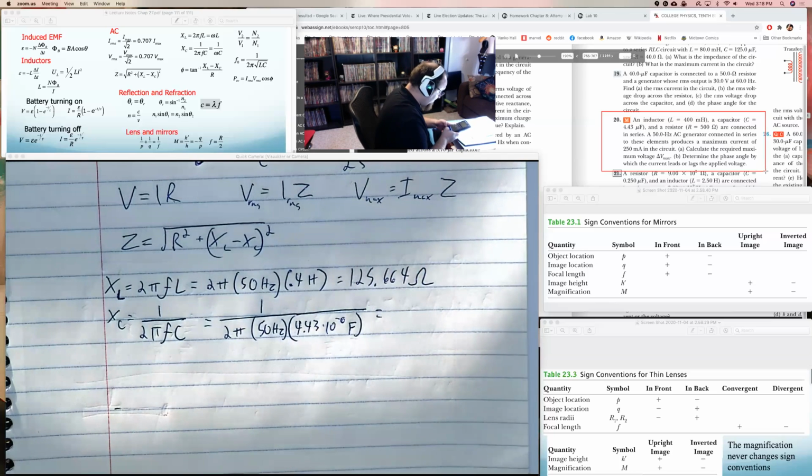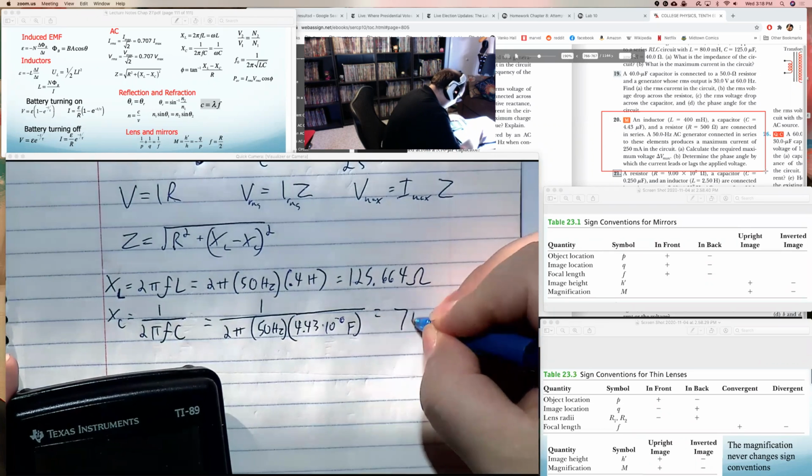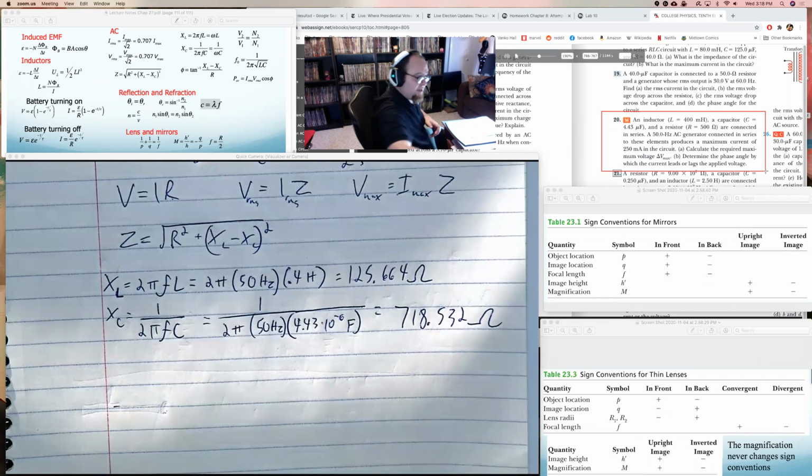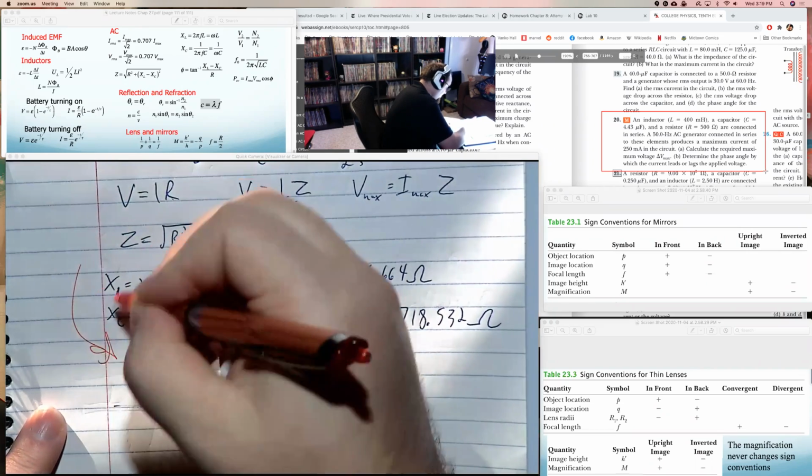And I'll just do that. 2 times pi times 50 times 4.43 e negative 6. 1 divided by that mess, 718.532 ohms. And now that I have both of those, I'll plug into my Z equation.